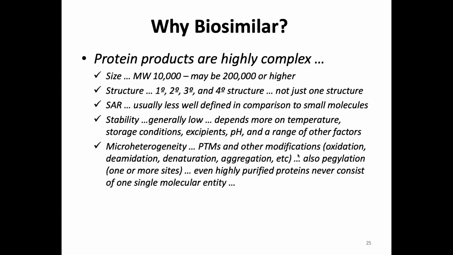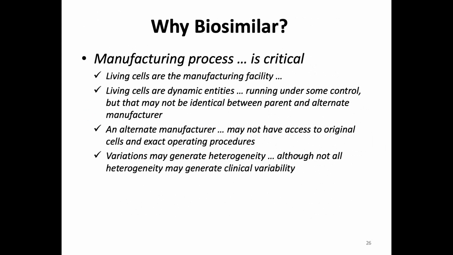So why do we need biosimilarity? We need biosimilarity because these are manufactured from biological factories, cells, animals, those kinds of things. It's very difficult to control conditions. Chemically, you can control conditions very well.